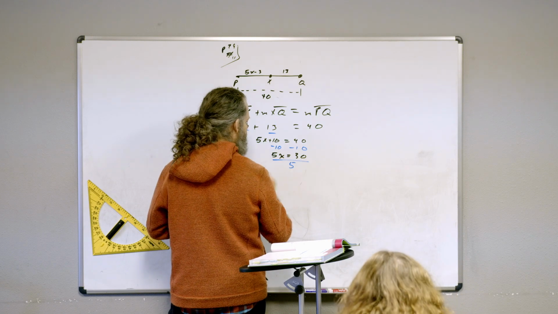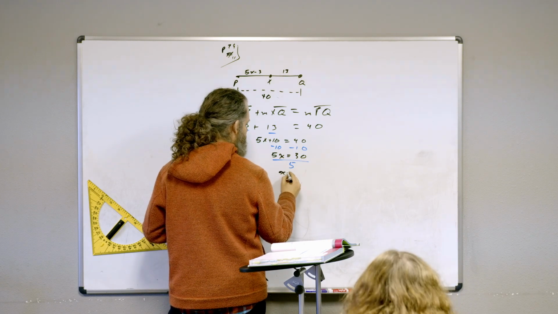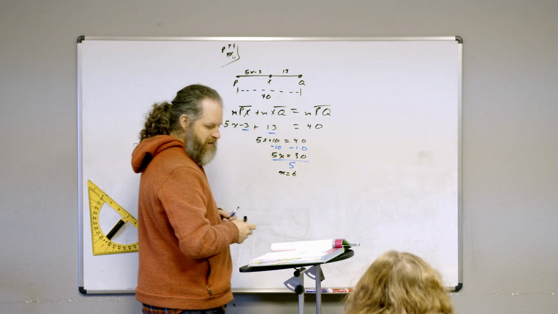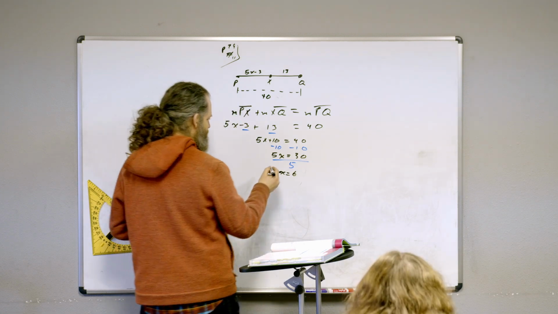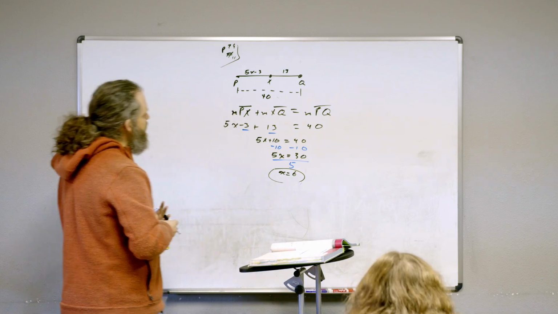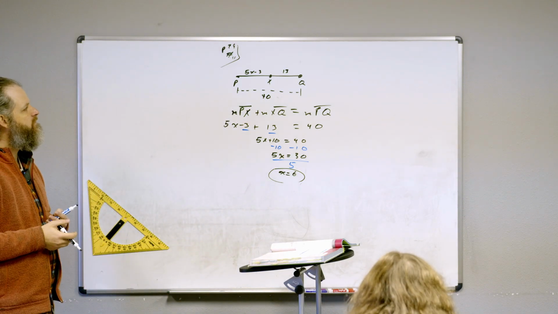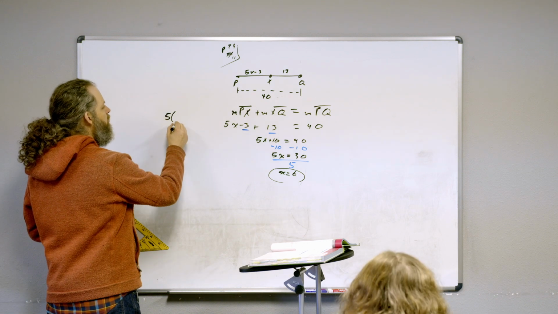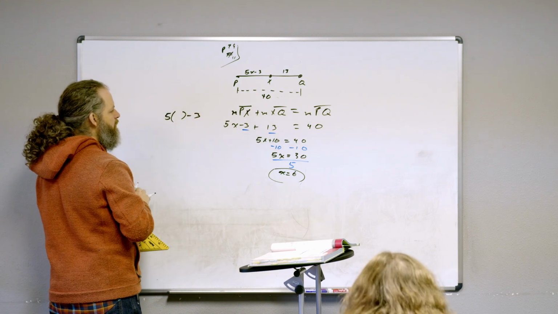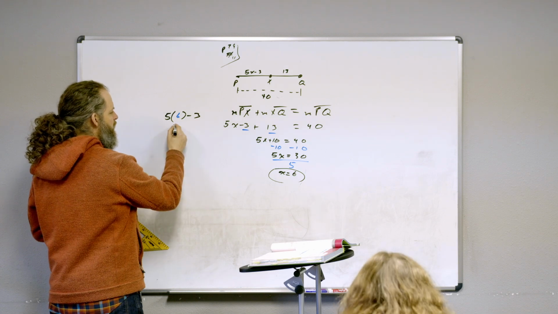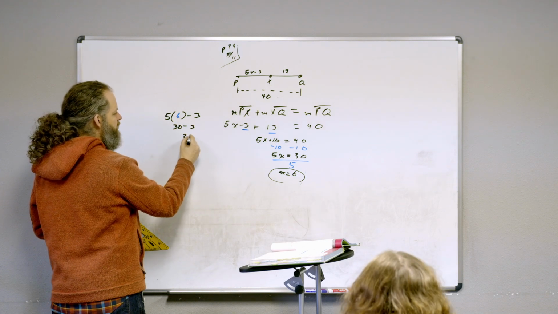Divide by 5. And x equals 6. So that's part of the answer, but you wouldn't want to stop there, right? Because it also asks for the measure of XP. So what do we need to do now? Sub it back in. 5 times 6 is 30. Minus 3 is 27.